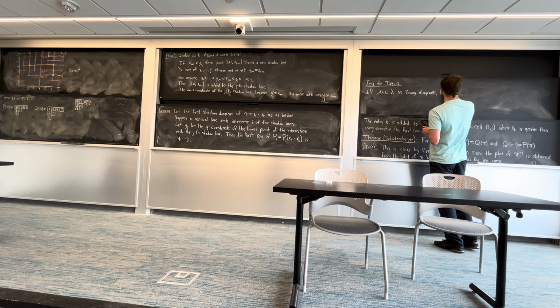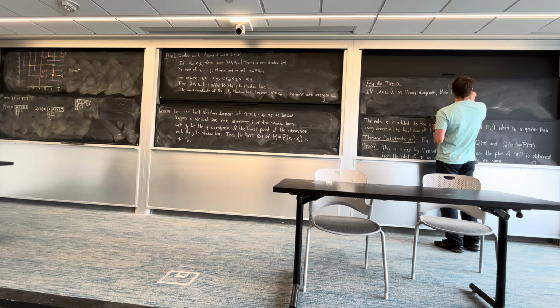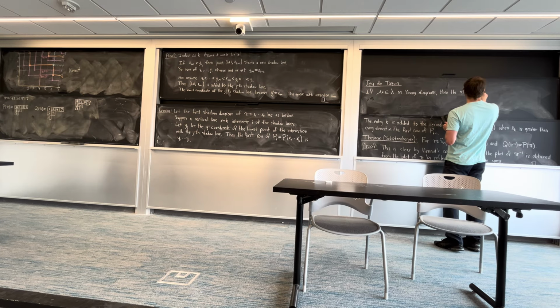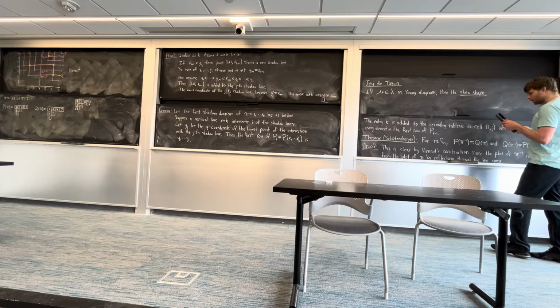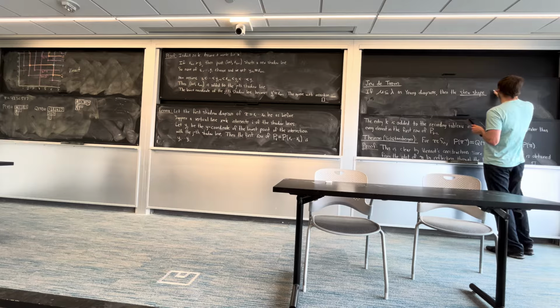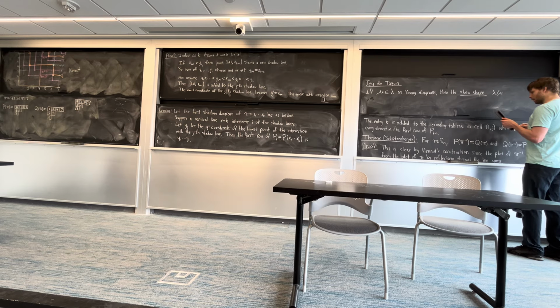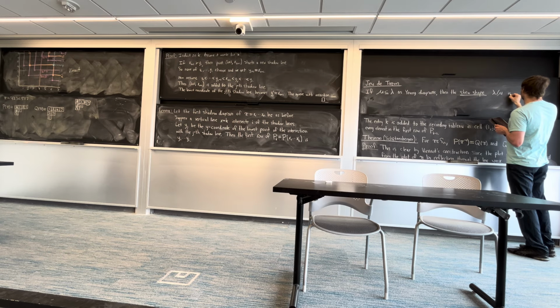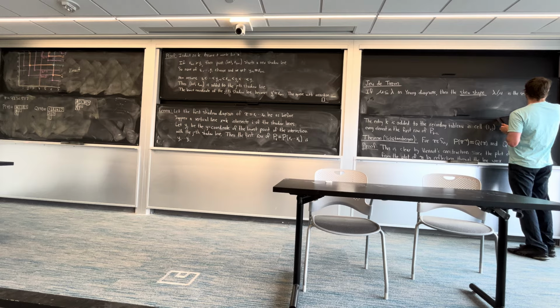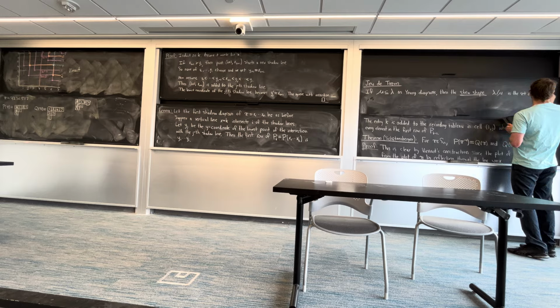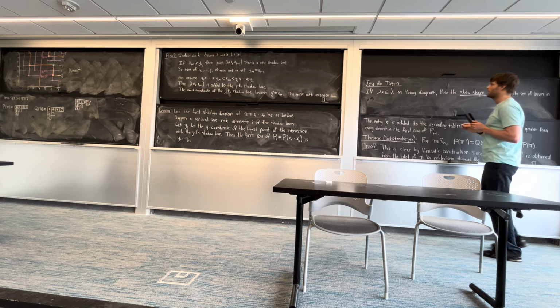Then the skew shape, or skew diagram, which is denoted by lambda over mu, is the set of boxes in lambda but not mu.